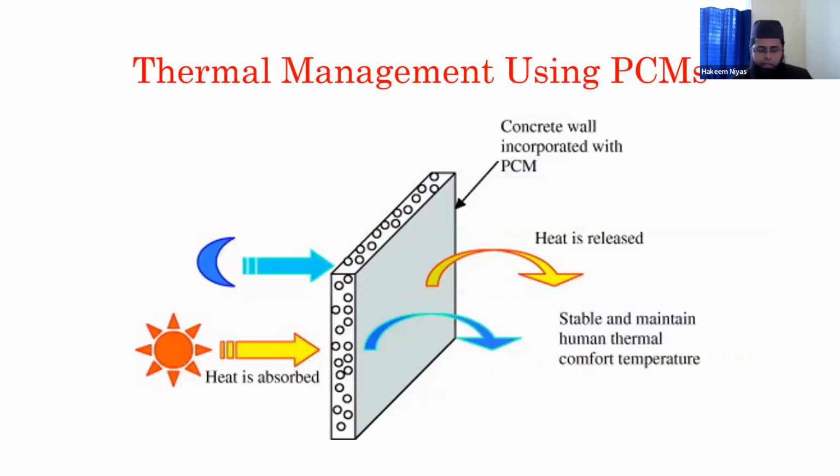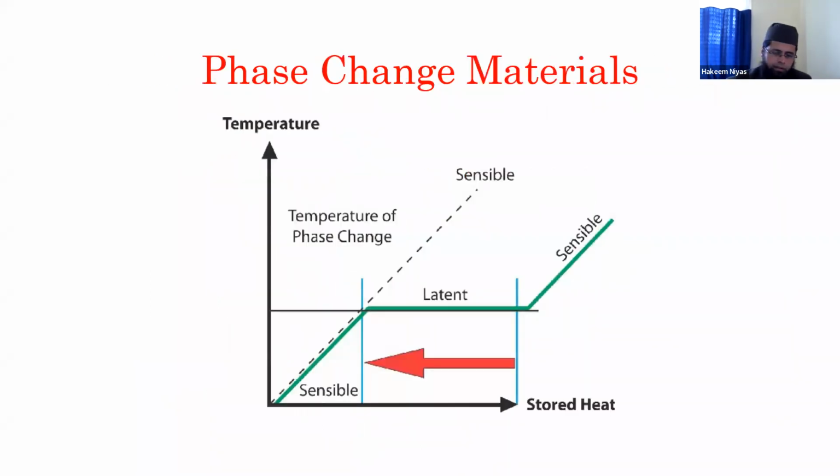The third one in thermal management of buildings, I want to talk about PCMs. PCMs are a special group of materials. Let me go to this slide. It is an energy storage material. So it takes the heat. Like we all know, if any material takes heat, according to the sensible heat value, the temperature rises.